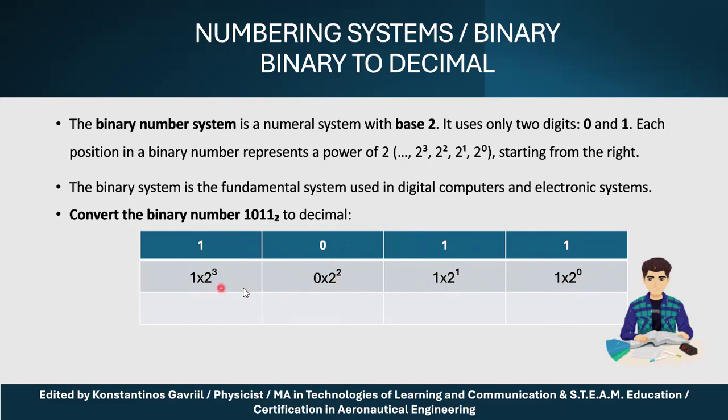You can see that everything is expressed with a power of 2. After this multiplication, we get 1 in the first column, 1 times 2 makes 2 in the second, 0 in the third, and finally 8. So, as a result, we have the sum of these four numbers, 8 plus 0 plus 2 plus 1, and we get 11. This is a binary to decimal conversion.